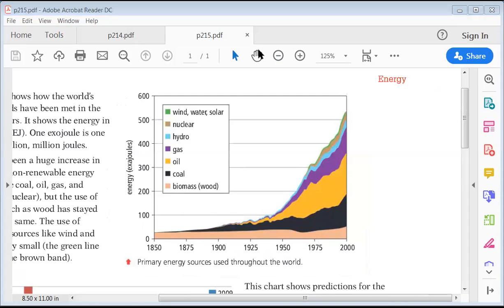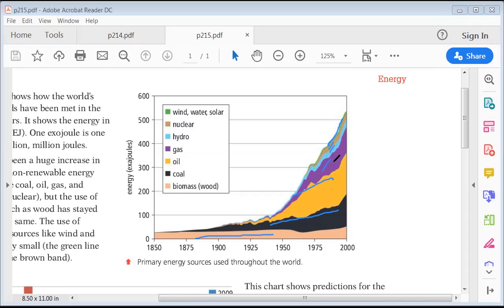Yes, thank you. Okay, so here the biomass stayed the same. It didn't change, okay? The coal increased a little, oil increased, gas increased. The smallest here is the wind, which is the green one, and the brown one, the nuclear, and the hydro, okay?